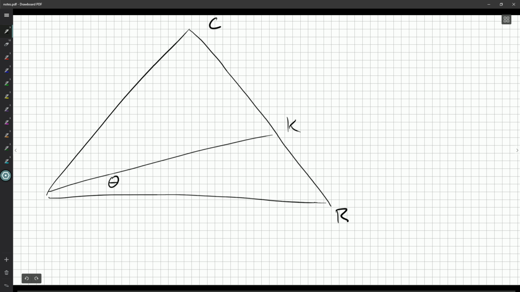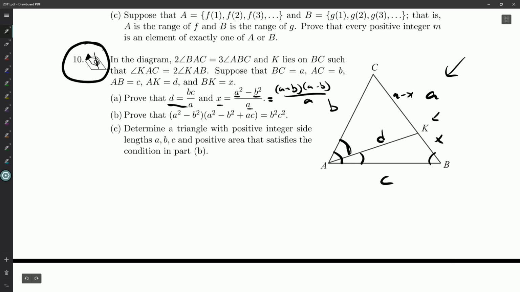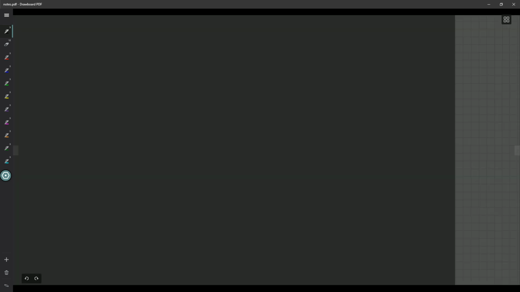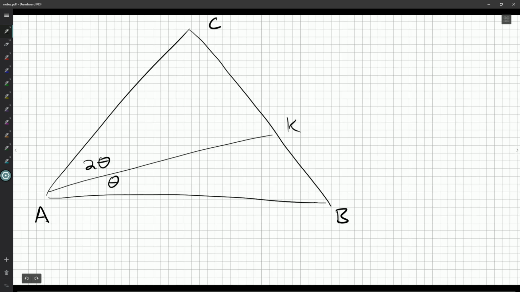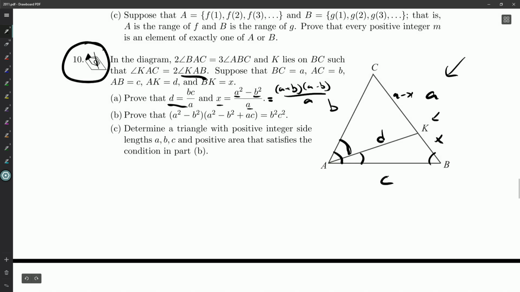This was K, I think this was B, and this was A. For some reason they went counterclockwise. That's fine. KAB was definitely the small one. You double it to get KAC, so we'll get 2 theta over here, which means overall we've got a 3 theta here.